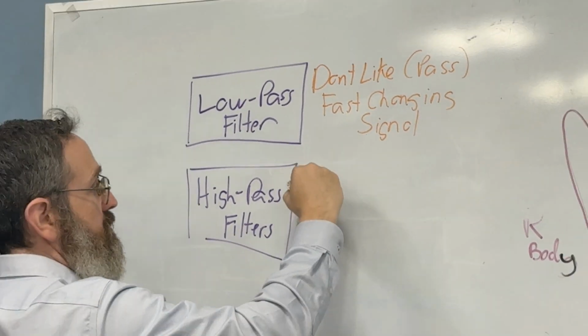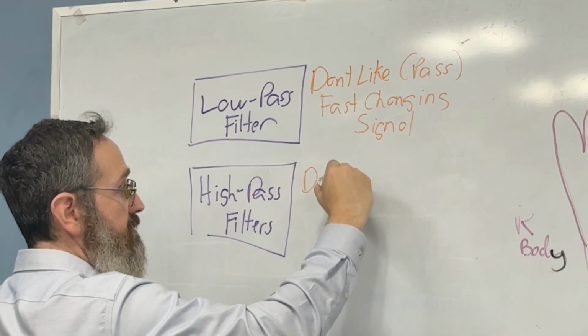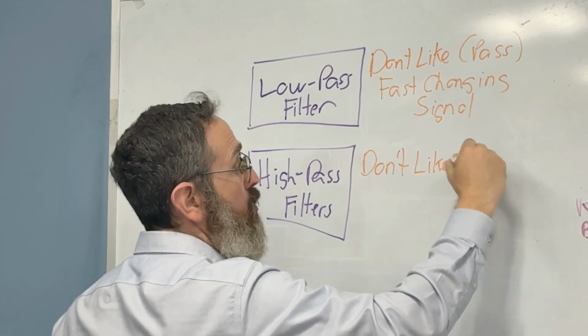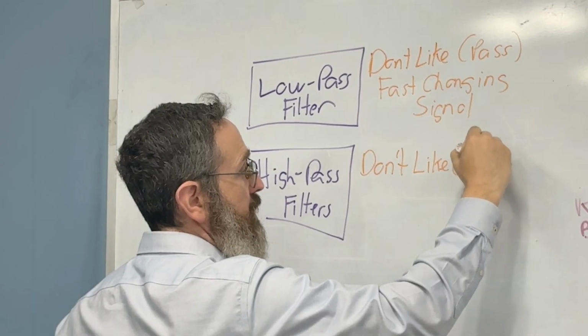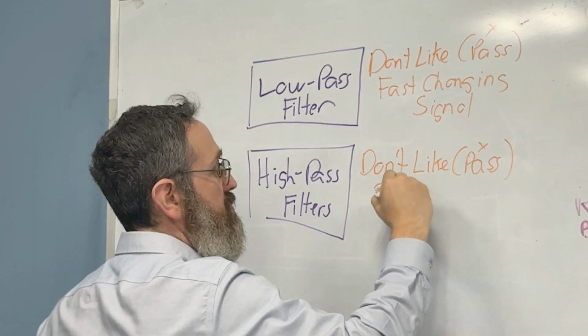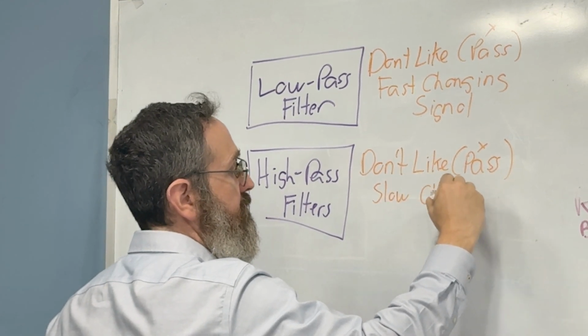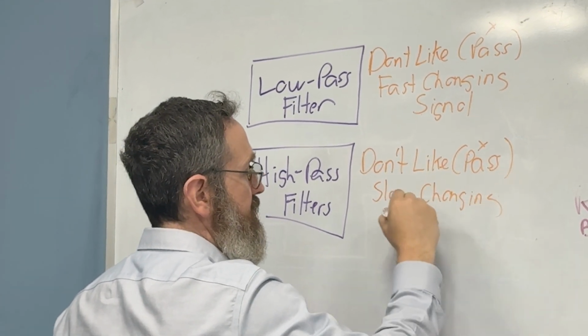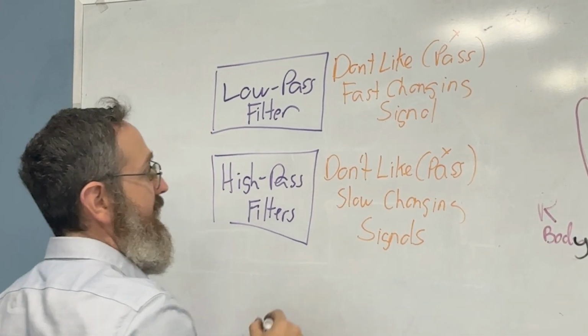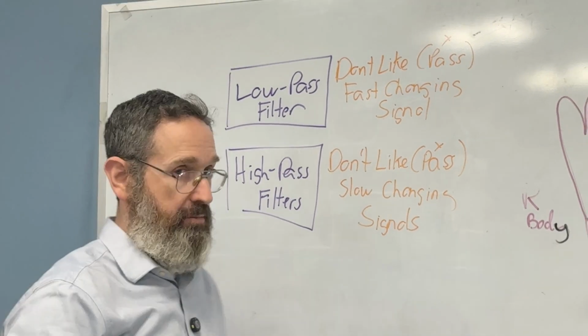High pass filters, opposite, don't like, therefore don't pass. Don't pass, to be clear, slow changing signals. And these are very good rules of thumb to use.